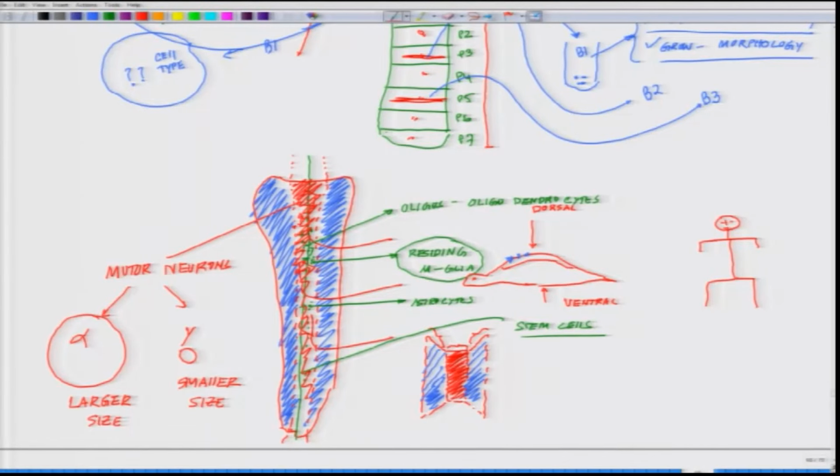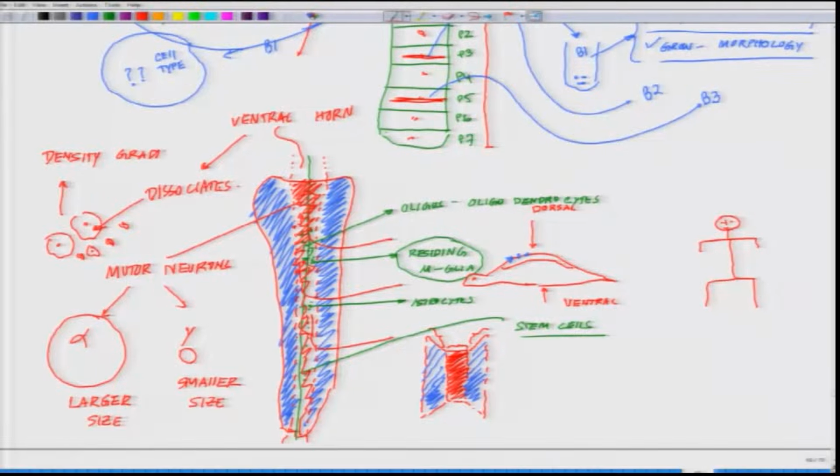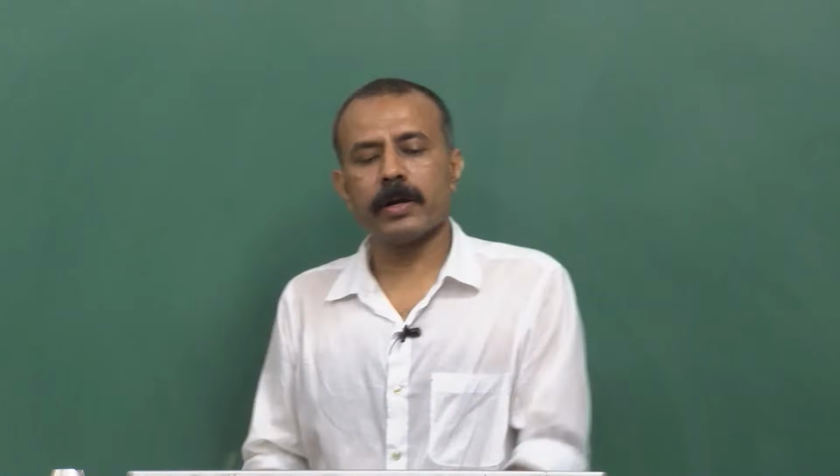And once you dissect out this part, which is called the ventral horn, then you dissociate the cells of the ventral horn, and these cells then are separated using a density gradient column. On a density gradient column, you separate out these cells.